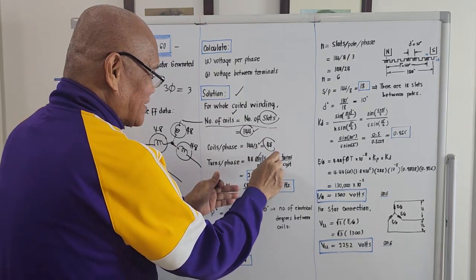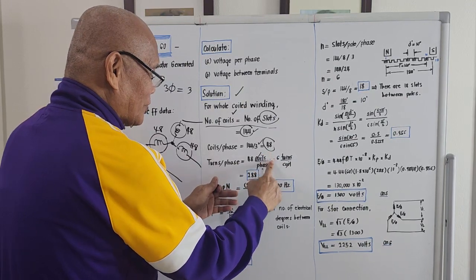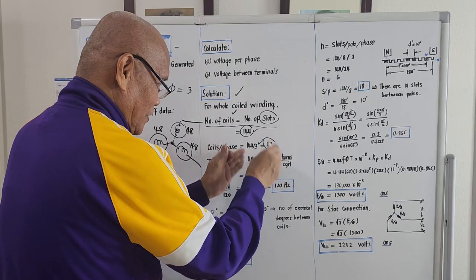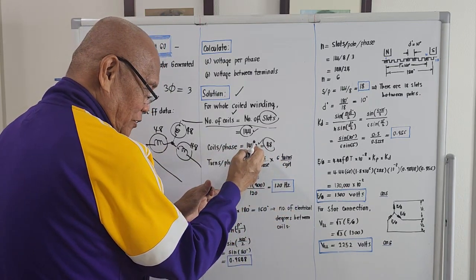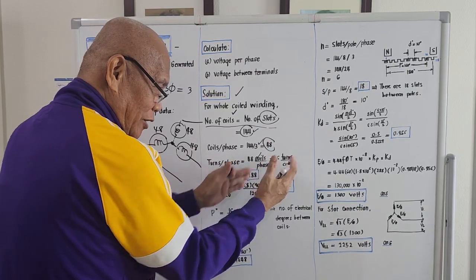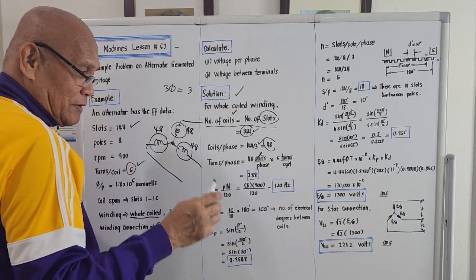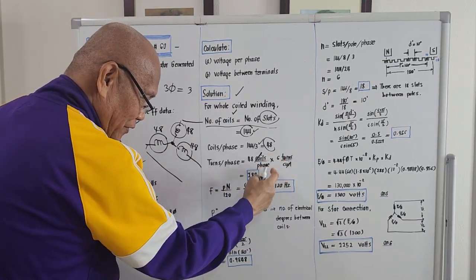But just in case this is a plus, you cannot cancel coil and coil. The operation should be multiplication. It's algebra. The operation is multiplication, so we can cancel some value on the numerator and with the denominator if they are equal. So coil and coil cancel. The resulting unit now will be turns per phase.